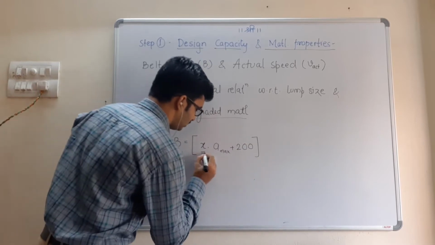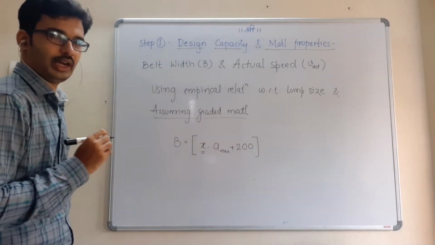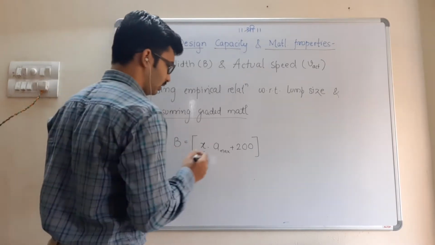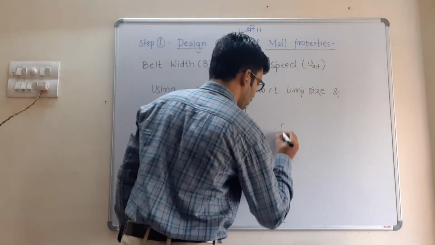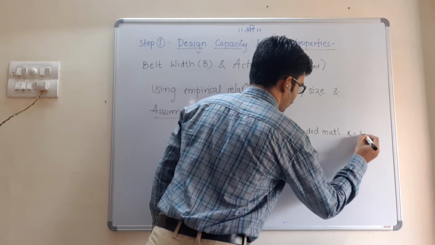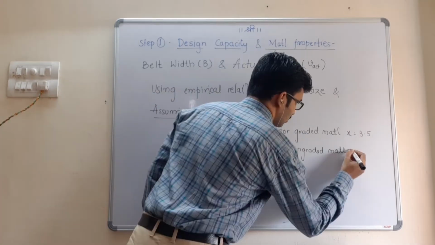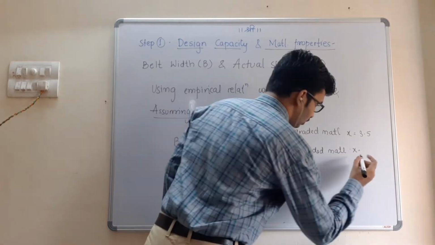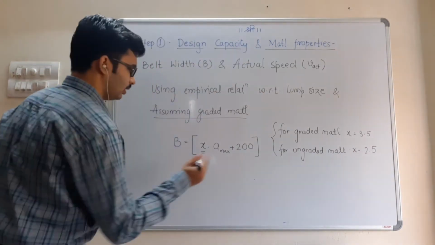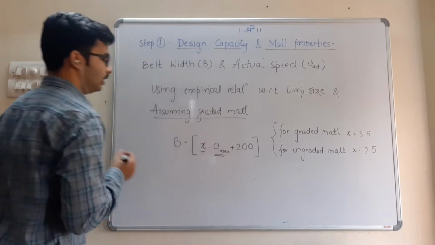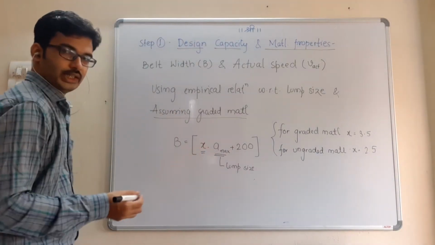Now this x is different for graded material and ungraded material. For graded material, x is 3.5, and for ungraded material, this x is taken as 2.5. Here A is nothing but your lump size, which is given to us as 100 mm.